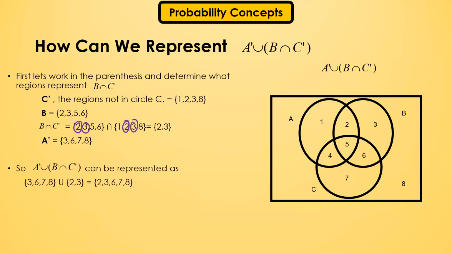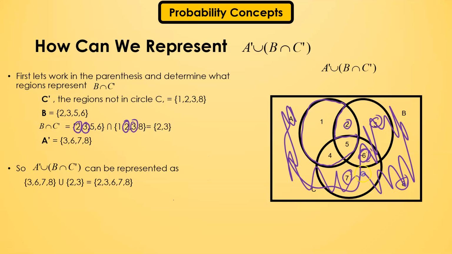So it's 2, 3, 6, 7, 8. So we shade in everything but 1, 4, and 5.